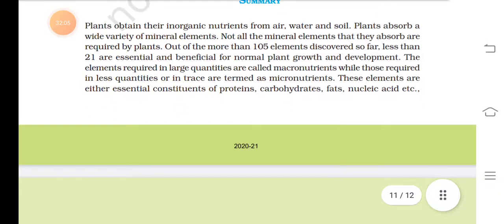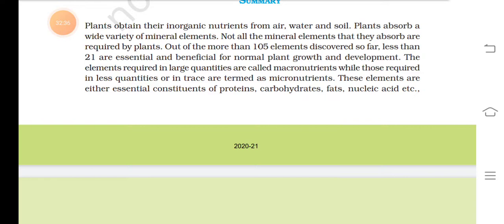Summary: plants obtain their inorganic nutrients from air, water and soil. Plants absorb a wide variety of mineral elements. Not all the mineral elements that they absorb are required by the plant. Out of the more than 105 elements discovered so far, fewer than 21 are essential and beneficial for normal plant growth and development. The elements required in large quantities are called macronutrients, while those required in less quantity or in trace are termed micronutrients.